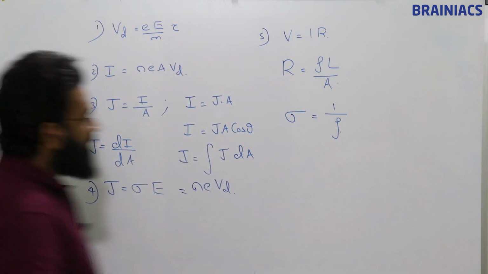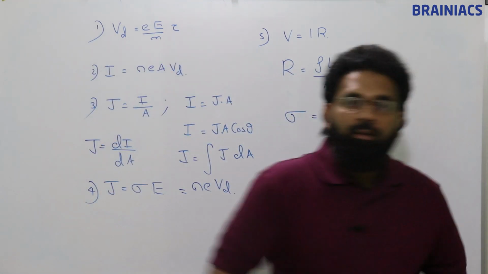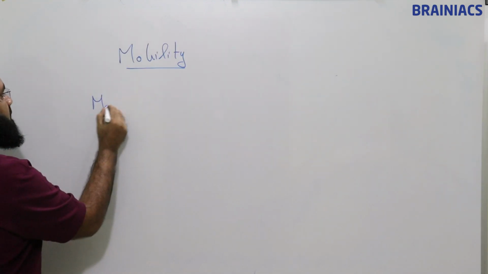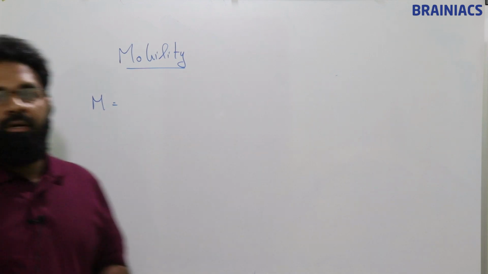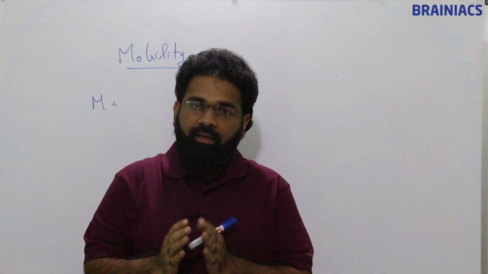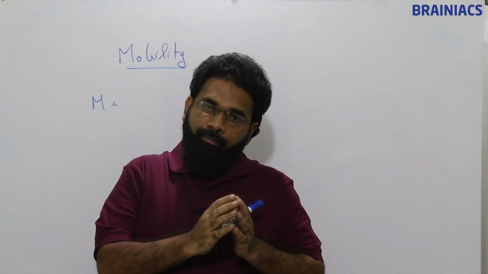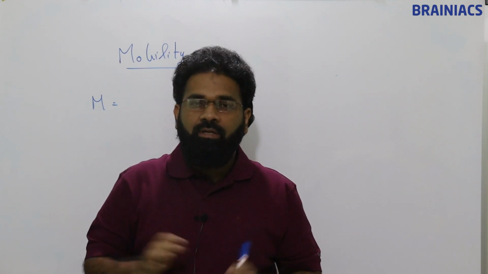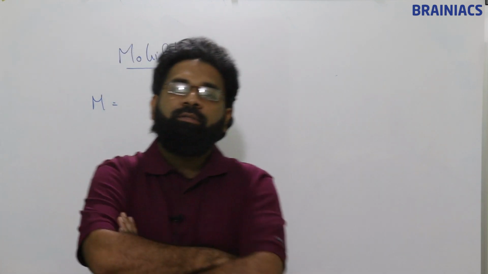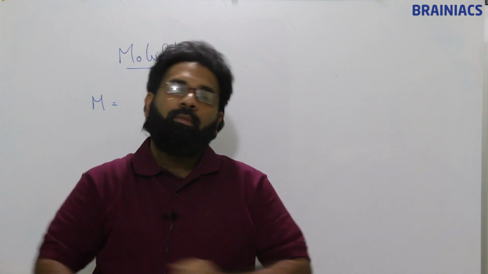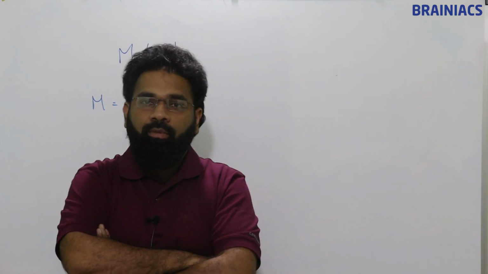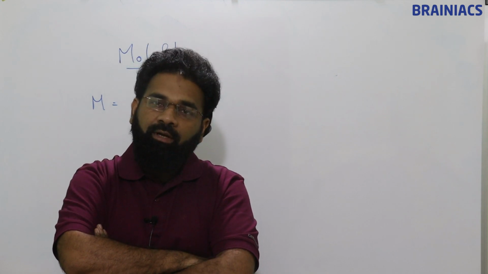One more thing we will see is mobility. Mobility is mu. This is nothing but the ease with which a charge carrier can move. Just think, someone who is very heavy will definitely have some difficulty in movement.